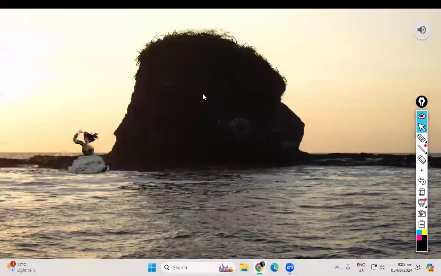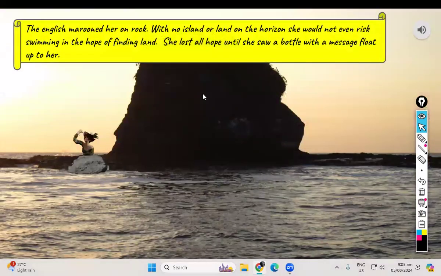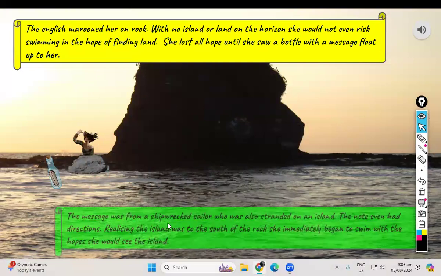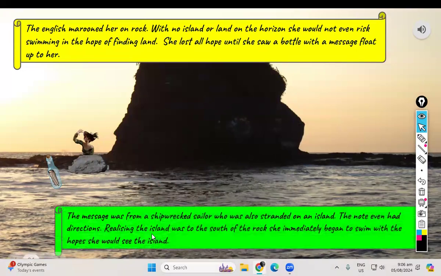Right. And remember, the British ship, the Queen's ship, rescued her, but only to punish her, to throw her on a deserted, rocky, small island where she would hopefully starve to death or die of thirst until a bottle with a message came floating around. Right? Now, it seems that the message in the bottle was from another stranded soldier somewhere close to her marooned spot.